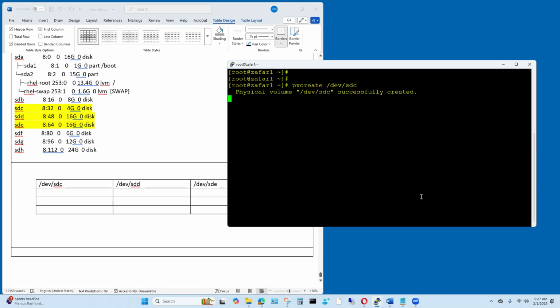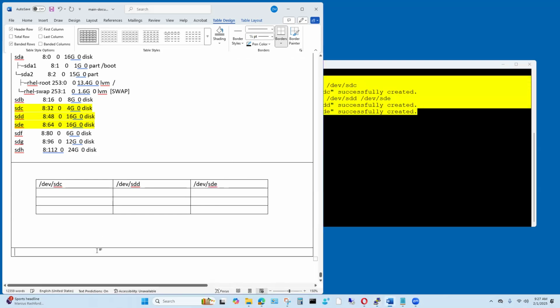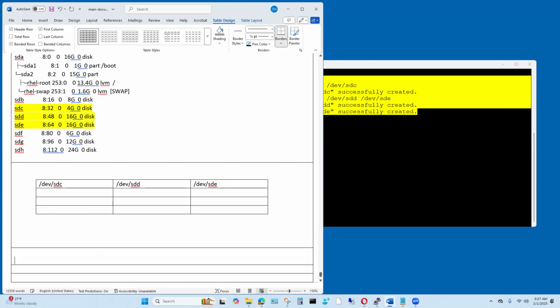You can do one, or you could do multiple disks together too: sdc, sdd, sde. So it created the physical volume. Now this is ready for a logical volume.